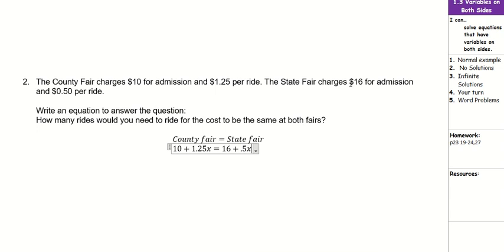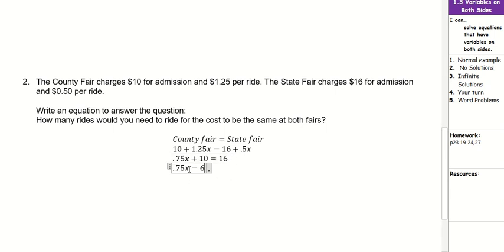per ride. I want my variables all to be on the left, so I'm going to subtract 0.5x from both sides. 1.25 minus 0.5 is 0.75x plus 10 equals 16. Then I'm going to subtract 10 from both sides. 0.75x equals 6, because I had 16 and subtracted 10 from it.